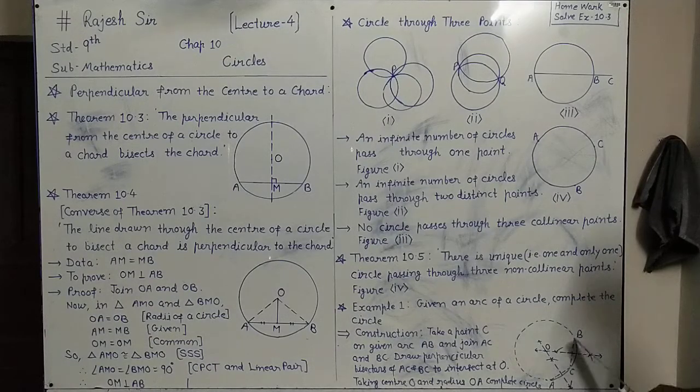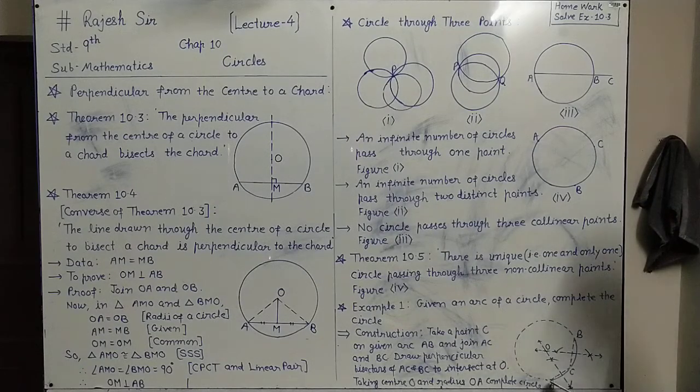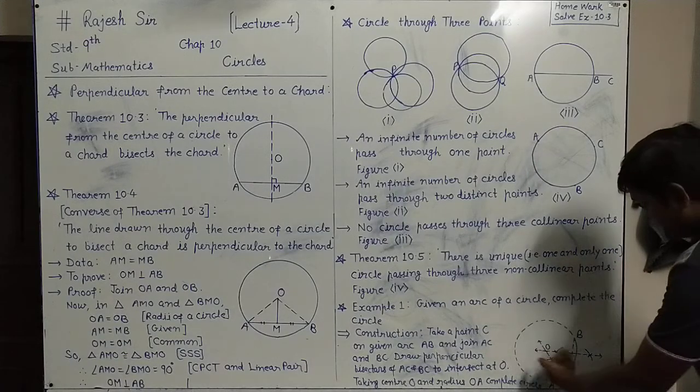Now that we have AC and BC, draw the perpendicular bisector of both AC and BC. How to draw a perpendicular bisector in construction? If you want to draw the bisector of AC, take the center as A and a radius of more than half the length of AC. Draw an arc on both sides of AC, this side and this side.